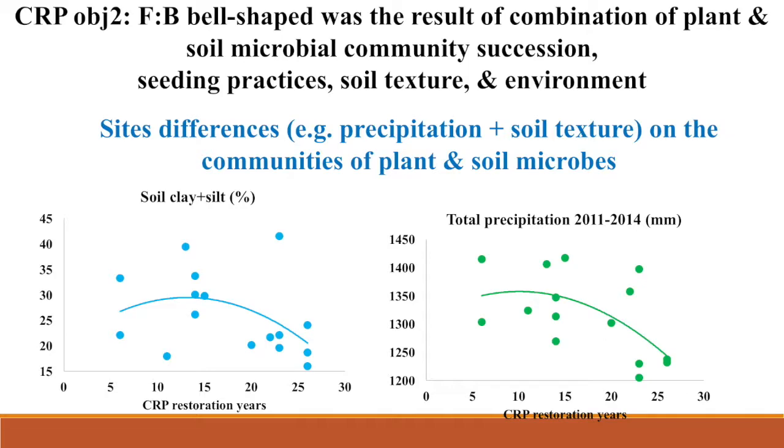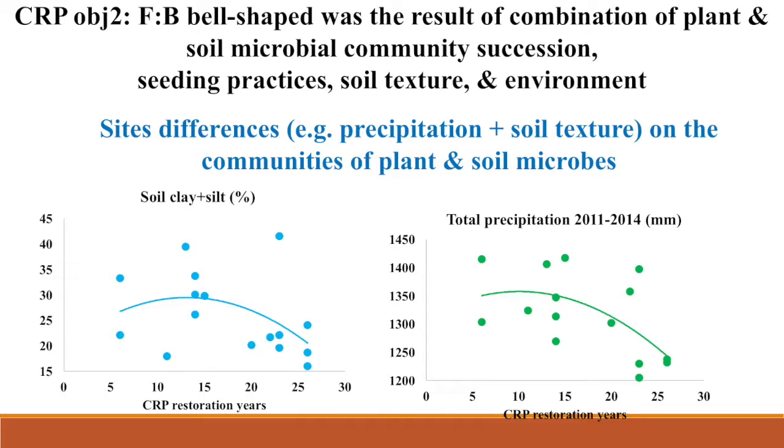The total precipitation from 2011 to 2014. By the way, the experiment was conducted in 2012 and 2014. So for the total precipitation, there's only a tiny difference, like 200 millimeters in 4 years, but it doesn't necessarily mean that this small difference doesn't make a difference in the 30 years CRP project.